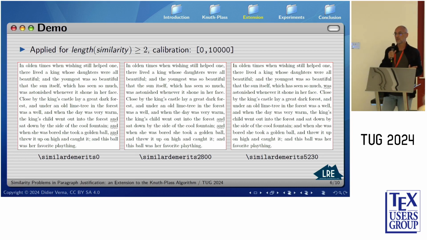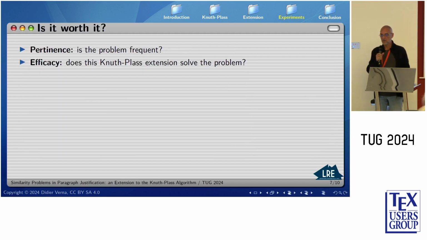But the interesting question is, could we do this automatically, at least in a reasonable number of situations, in order to avoid manual intervention? Okay, so the real question that should have been advertised before the experiments is actually twofold.